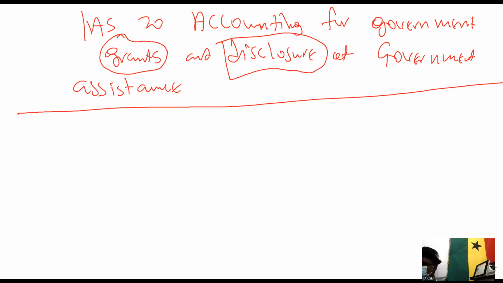Can we add aid? All of them form part of government grants. So the objective of this standard is to prescribe the accounting treatment of government assistance and government grants. That is the main objective.